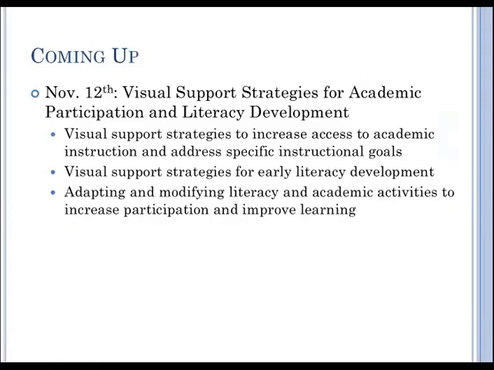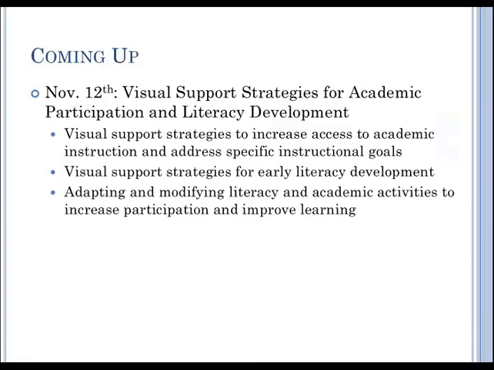So I'm going to be focusing a lot on how we can take things that are happening in the classroom and adjust them or add visual support strategies to them so that they're more accessible for students who have either complex communication needs or developmental or intellectual disabilities, so that not only can they be participating in what's happening in the classroom, but they're also meeting their individualized instructional goals, because sometimes people think that it's got to be one or the other, but in fact, we can make sure that people are included and participating, but still meeting their instructional goals, which may be quite different from the goals for the rest of the students in the classroom. So we'll be looking at some ways to do that, and I've got loads and loads of examples for you.